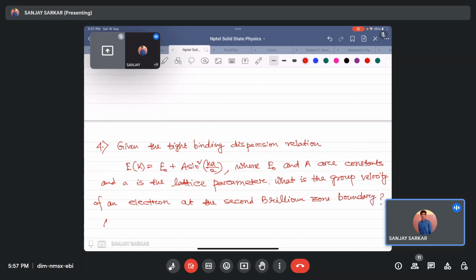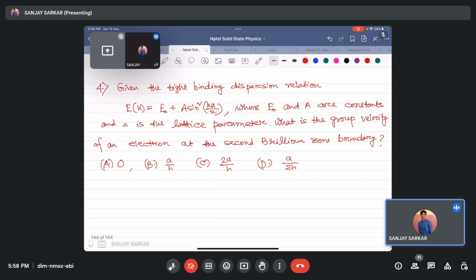The four options are: A is 0, B is a by h, C is 2a by h, and option D is a by 2h.